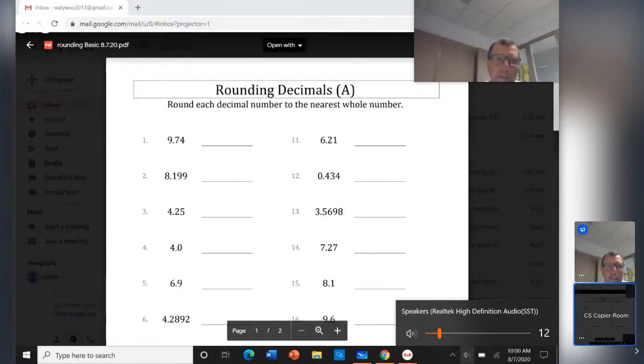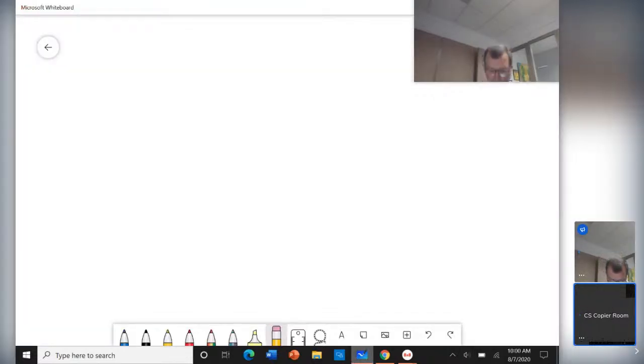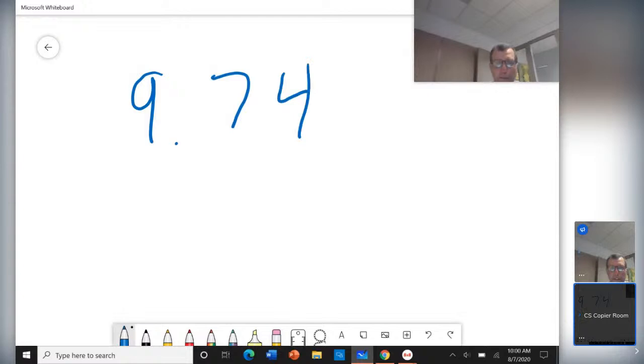So if we looked at money, this would be $9.74. The whole number is the same as the dollar. So we'd round 9.74 to the nearest dollar. The thing you have to remember is when we're rounding, your choices are always going to be, in this case, 9 or 10.